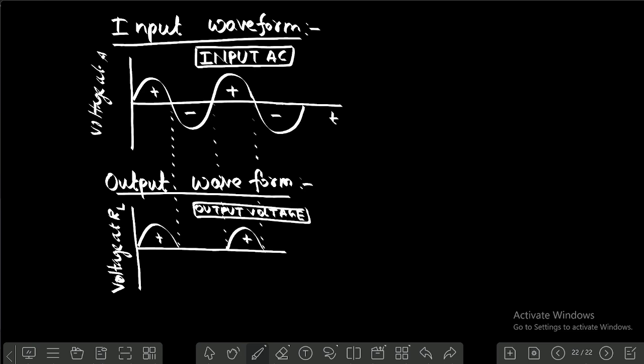So you understood only the positive cycle comes into the picture in the output. The negative cycle is removed because the diode is reverse biased and does not work. Clear idea? This much you have to do: first the half wave rectifier circuit diagram, then working, then input and output waveform. Yes or no? So you must practice the diagram. I hope you understood. Now note it down. Thank you all of you.